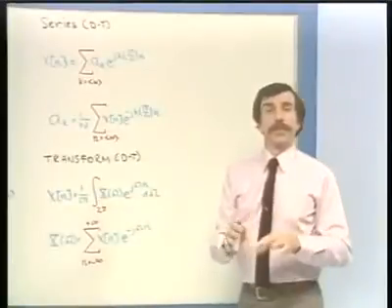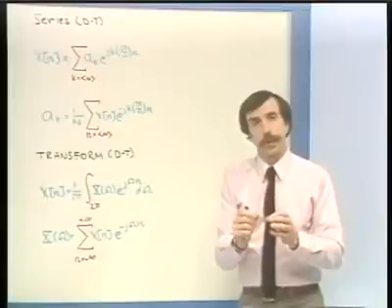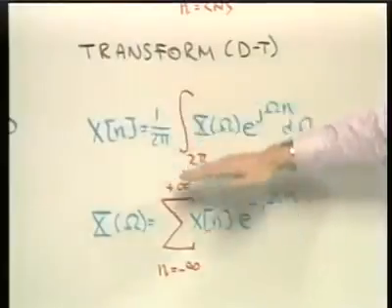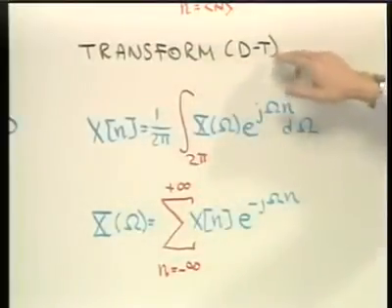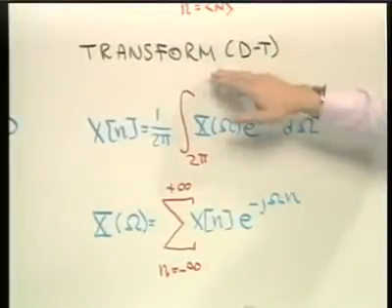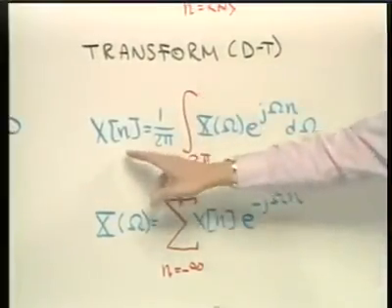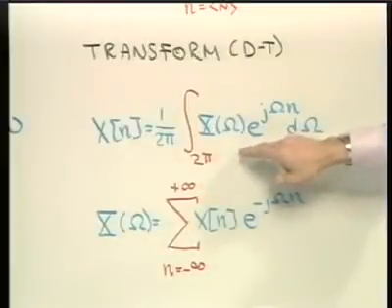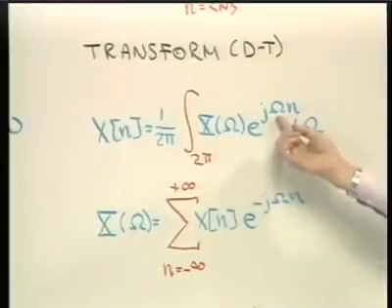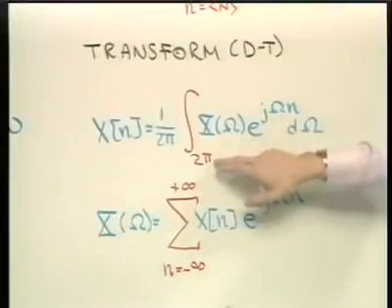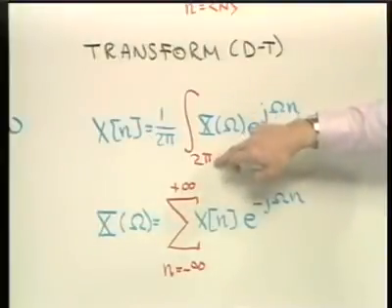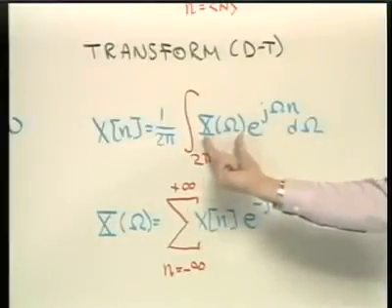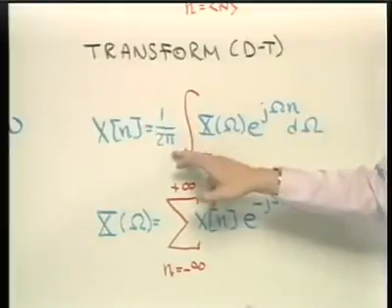We then used an argument similar to the continuous time case for going from periodic time functions to aperiodic time functions, and we ended up with a relationship describing a representation for aperiodic discrete time signals in which now the synthesis equation went from a summation to an integration, since the frequencies are now infinitesimally close, involving frequencies only over a 2 pi interval, and for which the amplitude factor is X(omega) d omega divided by 2 pi.